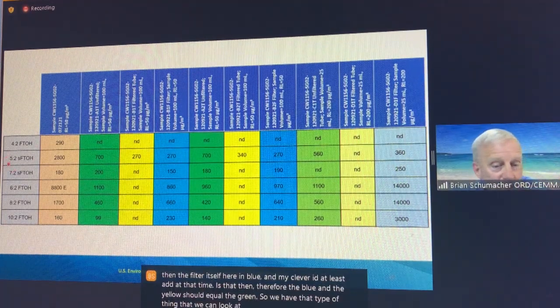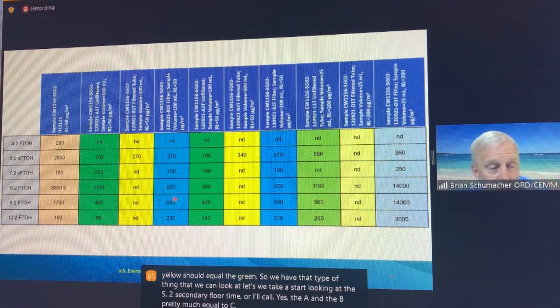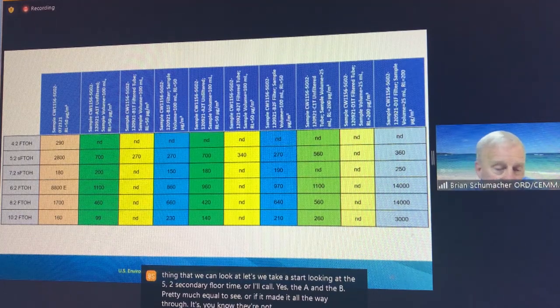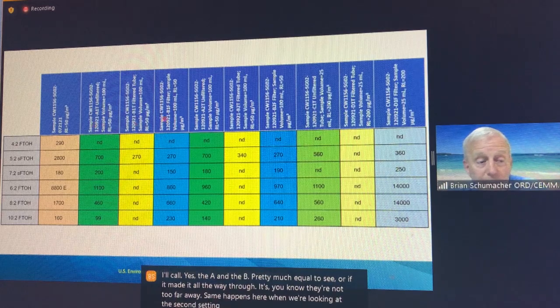So we have that type of thing that we can look at. Let's start looking at the 5,2 secondary fluorotelomer alcohol. Yes, the A and the B pretty much equal the C, or if it made it all the way through, they're not too far away. The same happens when we're looking at the second set. This is A1, B1, this is A2, this is B2.